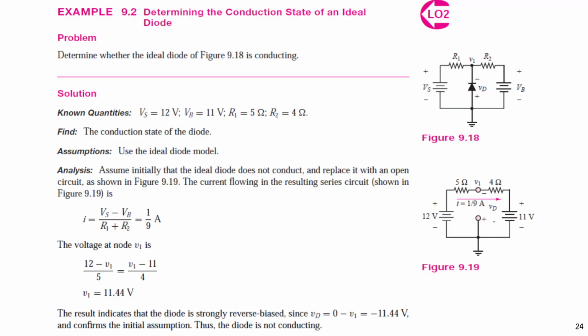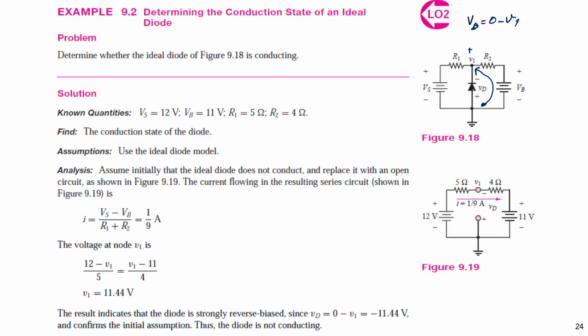So with this circuit, right, the current will flow here. We can calculate V1. What is V1? V1 is the voltage across this diode, right? If we get V1 positive, it means VD will be negative, right? VD is 0 minus V1, right?